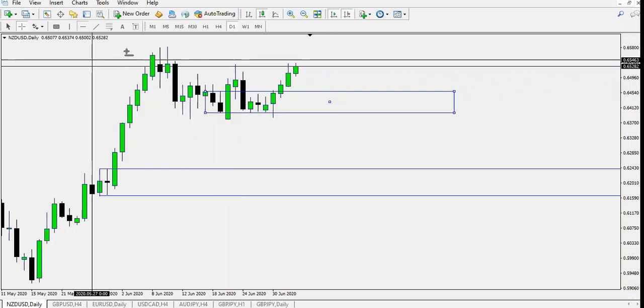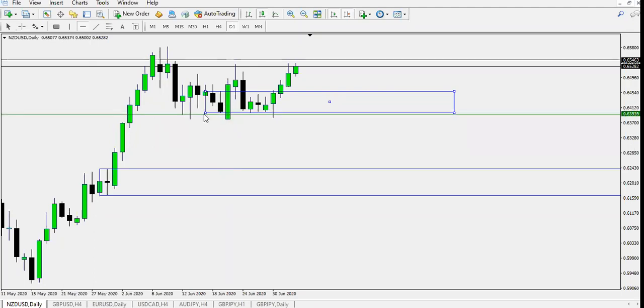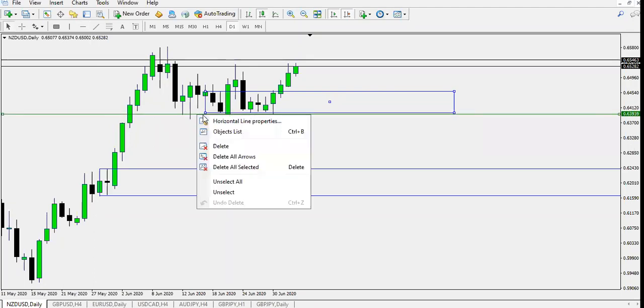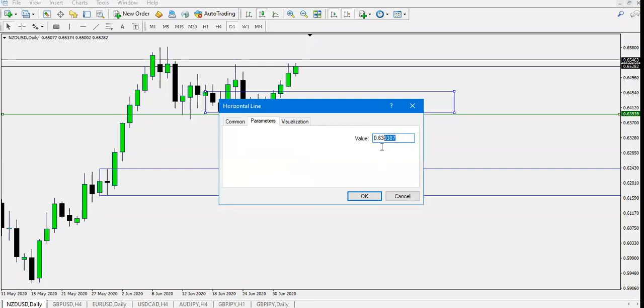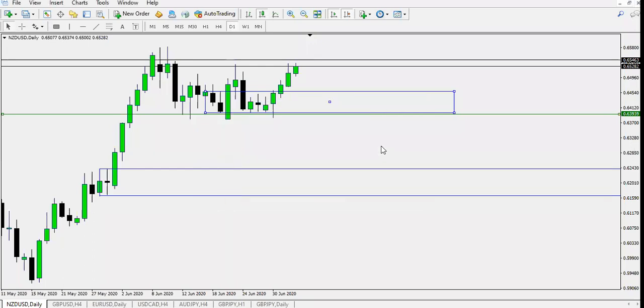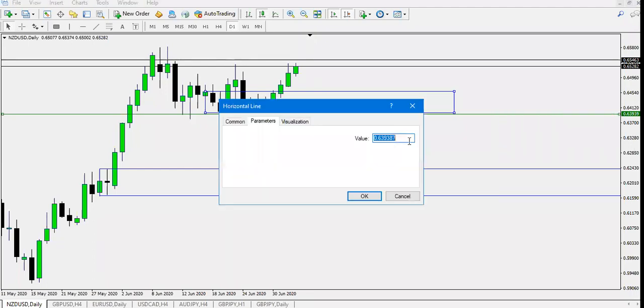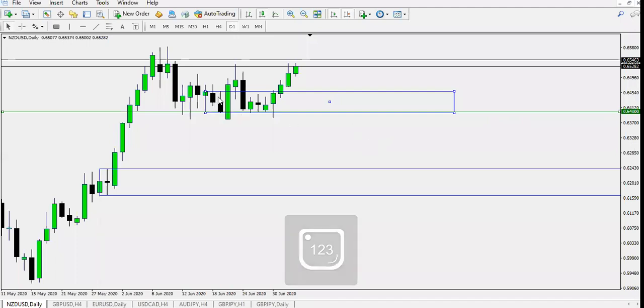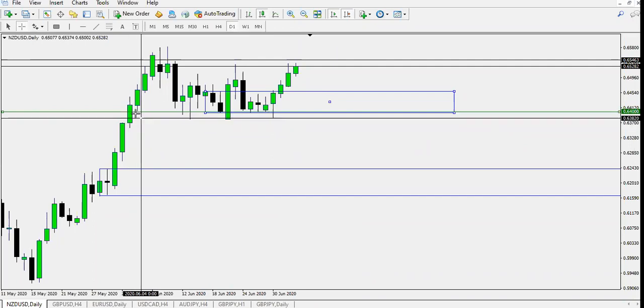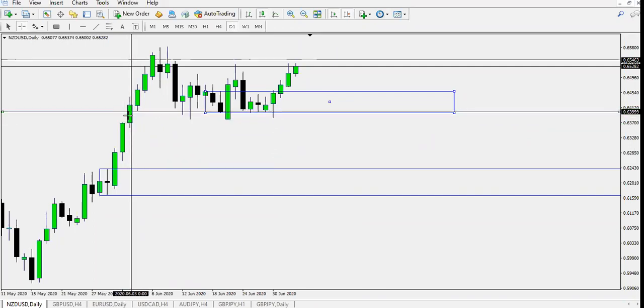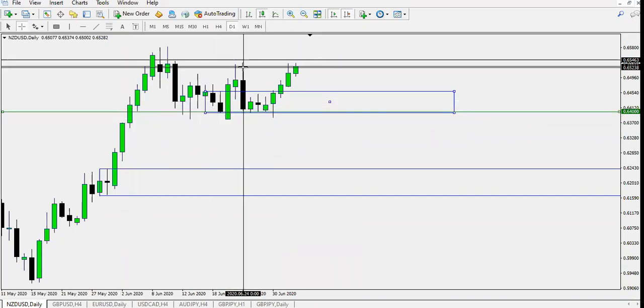We can also see at this level that this is an institutional price level of 6,400. And we can see that price reacted off that zone after closing some of this liquidity void on this daily chart, and price rallied up.